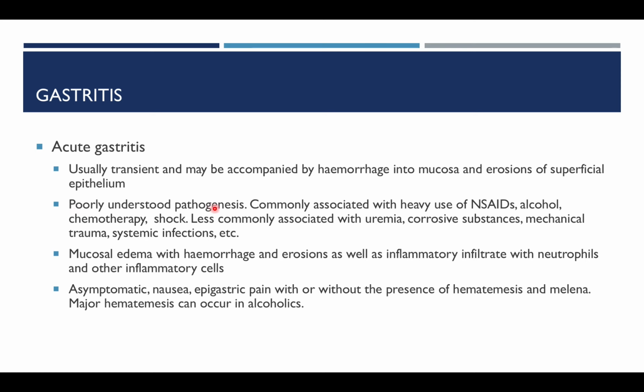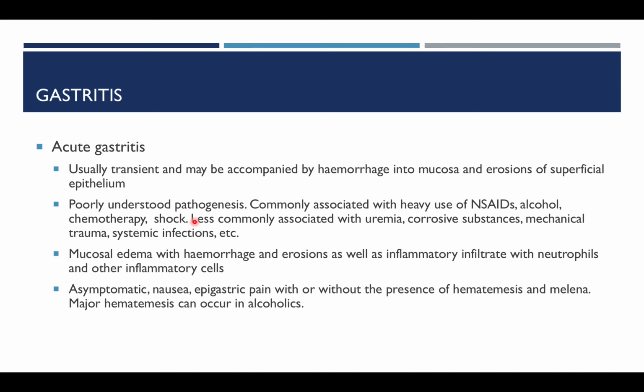The pathogenesis is not fully understood. However, it is commonly associated with heavy use of NSAIDs, alcohol, chemotherapy, and shock, and less commonly associated with uremia, corrosive substances, trauma, etc.